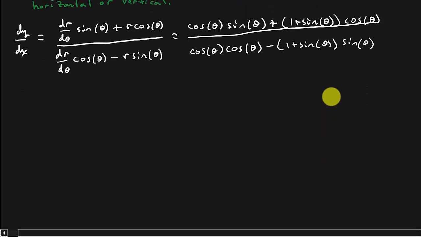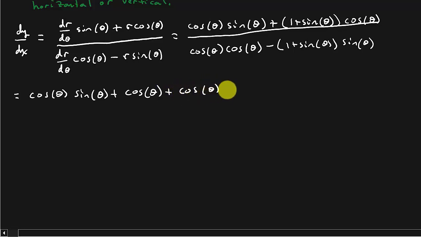Okay, so let's simplify this thing. All right, so let's see. We've got, this is going to be cosine theta sine theta plus cosine theta sine theta.